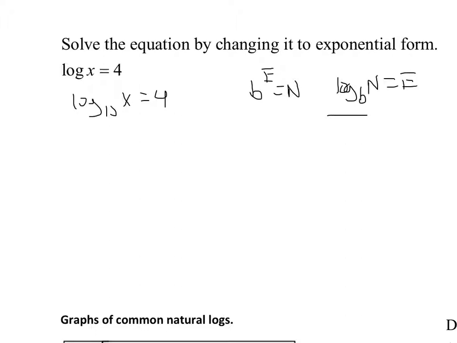So we're in this form and we need to move to this form. So b is 10, the exponent is 4, the number is x. So x is 10 to the 4th. Okay? Hopefully you remember doing this from last year.